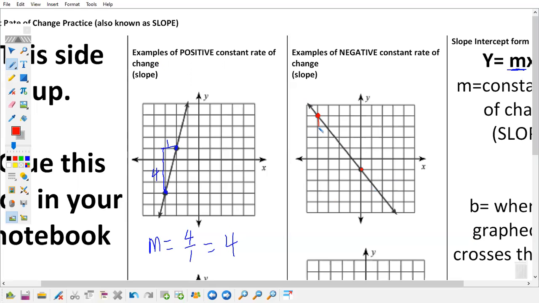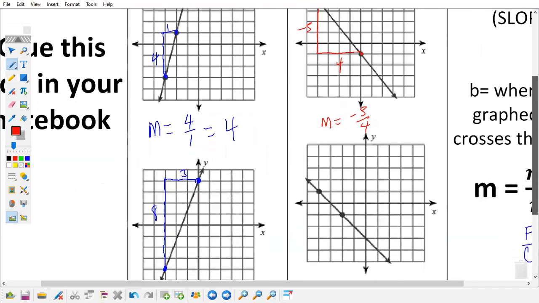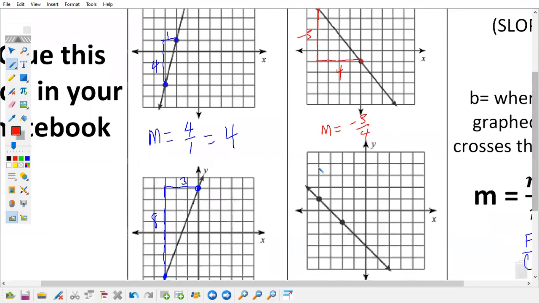So I'm going to fall 1, 2, 3, 4, 5. And then I'm going to crawl 1, 2, 3, 4. So the slope here equals, exactly, it's a -5 because I had to fall. Does that make sense? So it's -5 over 4. All right, so I'm going to quickly give you guys a chance to do the one on the bottom.